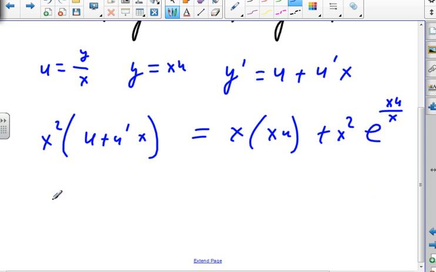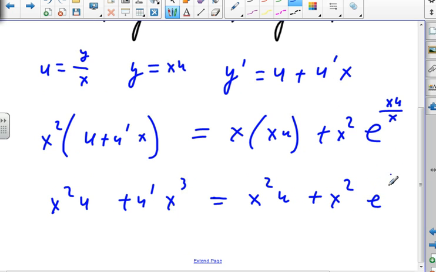So I got x squared u plus u prime x cubed is equal to x squared u plus x squared e to the u. Okay, so those cancel and go away. I have an x squared here and an x cubed there.